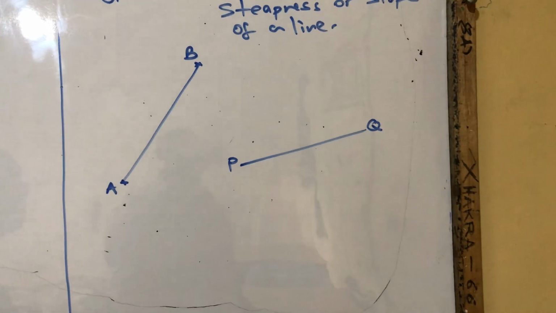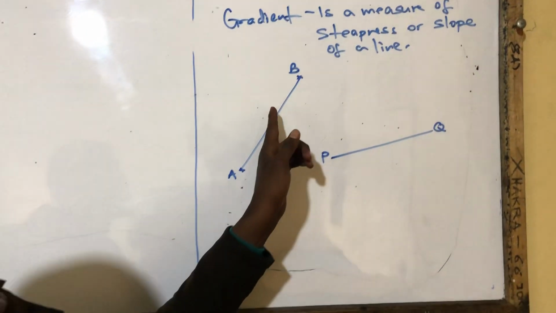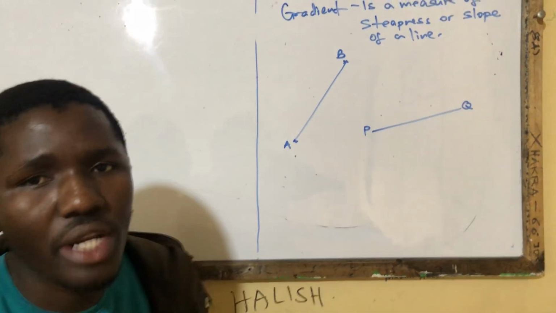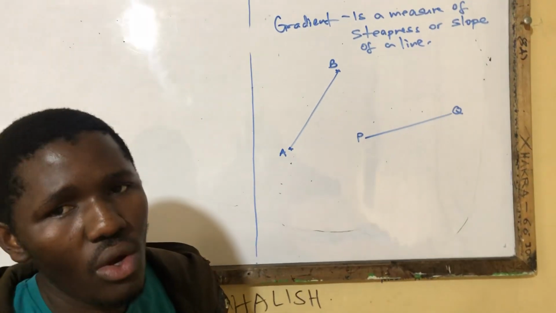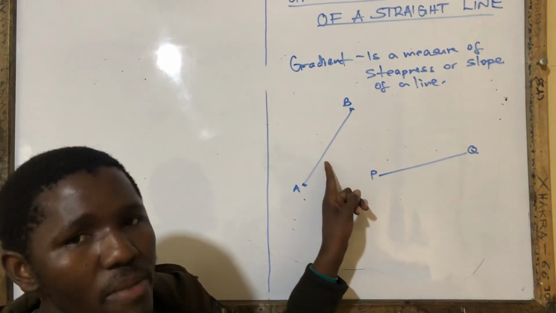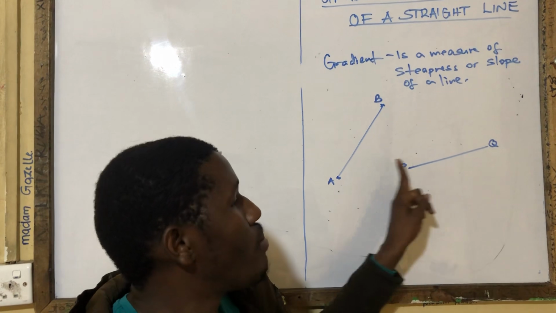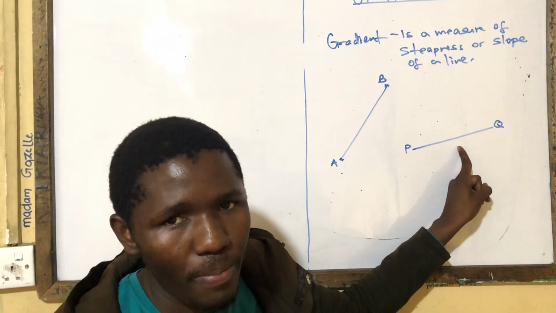In other words, if we were to get the gradients of the two lines, we then expect line AB to give us a bigger figure or a greater number compared to the line PQ.